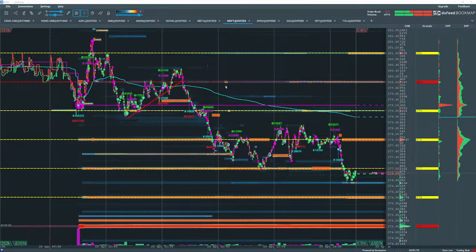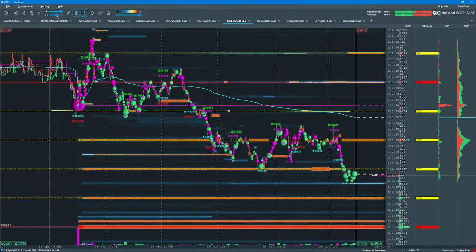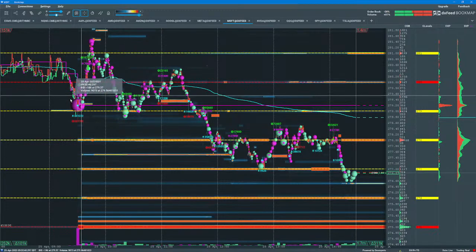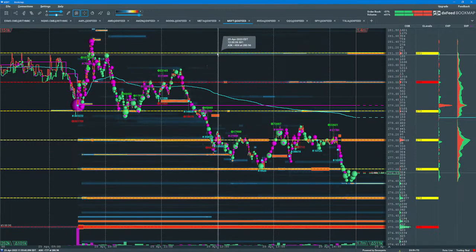There's a trend break below the hedge wall at 280 and below VWAP. Microsoft is one of those stocks that has such a large opening print and especially such a large closing print that you have to zoom up the size of the volume dots to account for that if you're showing either the open or the close.